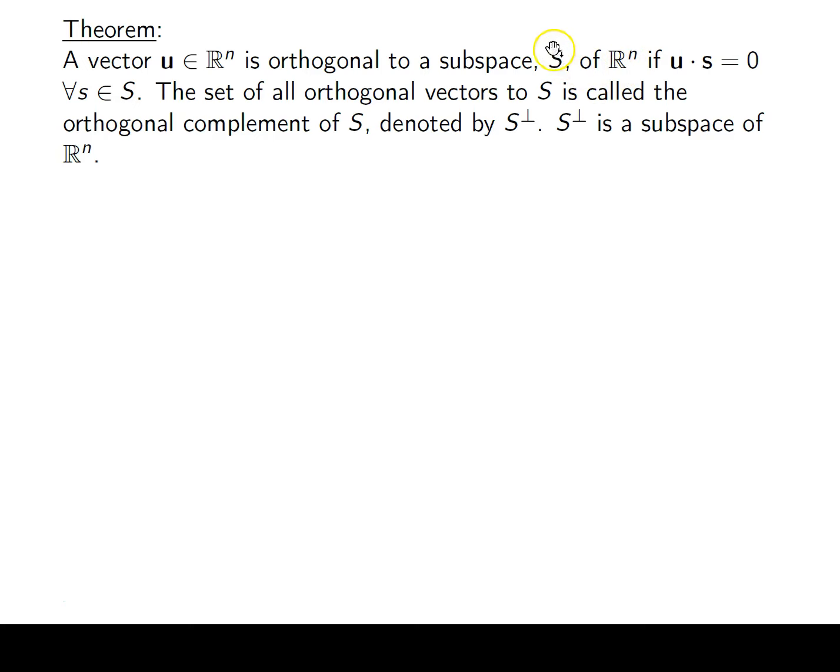Let's think about a plane R2 that is in R3, and then a second plane in R3 that is perpendicular to that one. Think about two perpendicular planes. Every vector in one of those planes is perpendicular to all the vectors in the other plane.